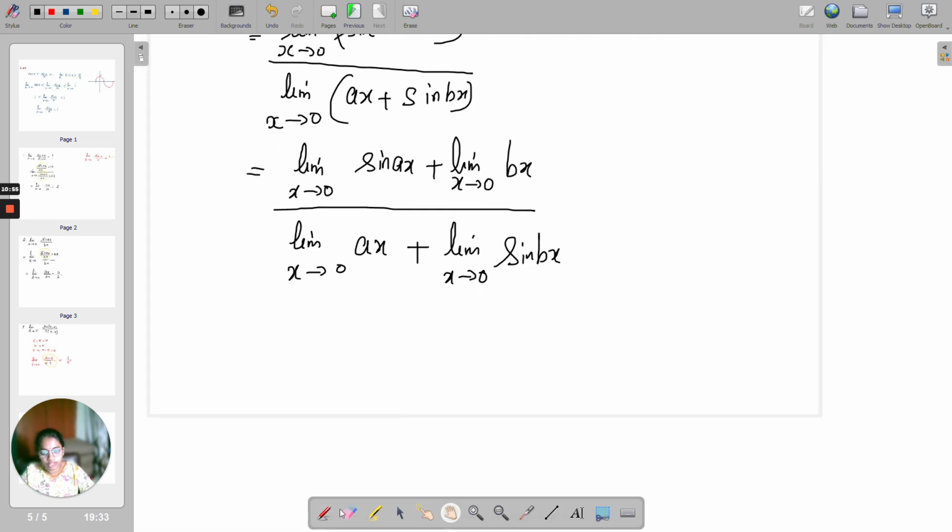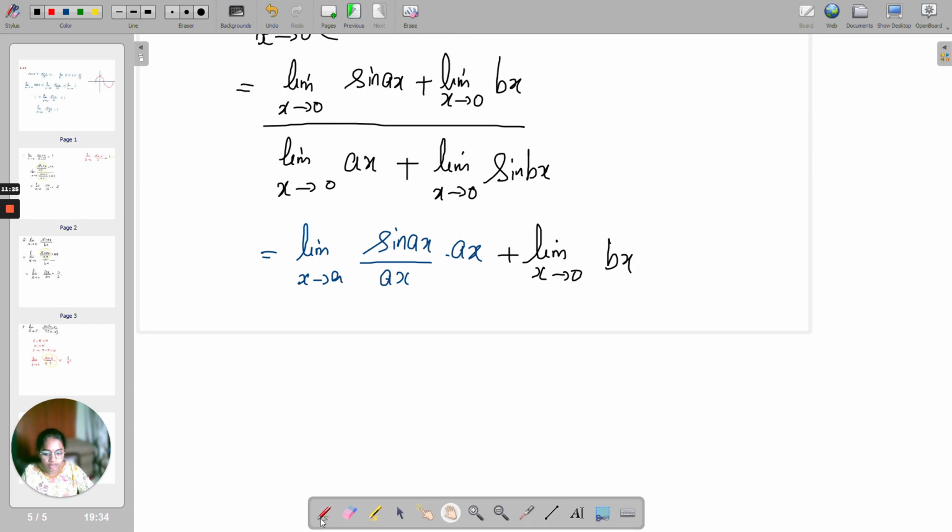What do I do now? Let me multiply and divide by ax in the numerator, that is sine ax divided by ax into ax, and the remaining term would be the same, limit x tending to 0 bx.